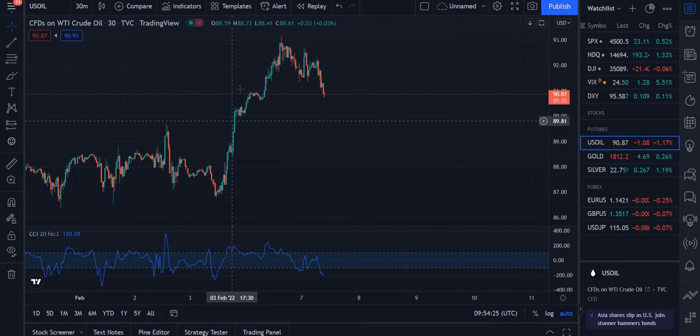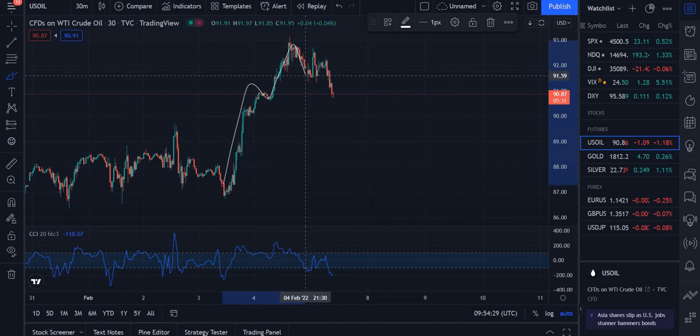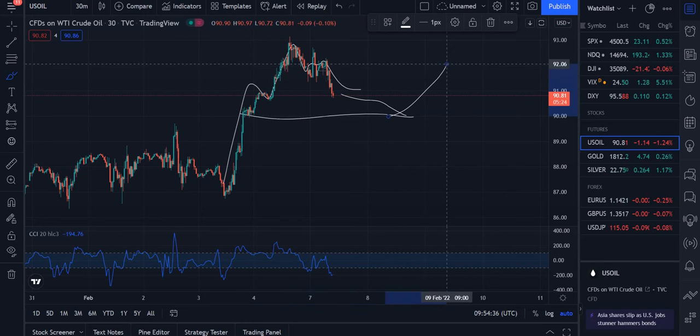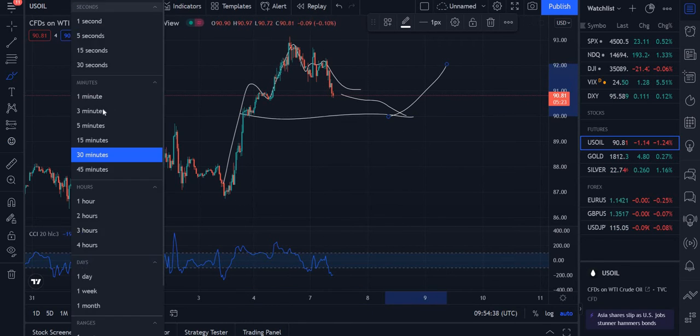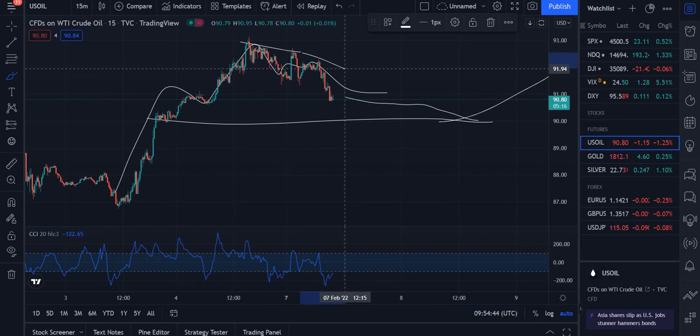Well, here we had a push, so it's not really a higher high, higher low pattern, but now here somewhere should be a move to the upside.